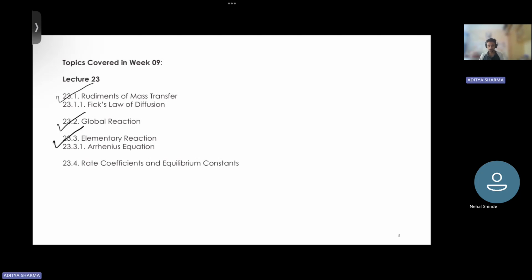In between the reactants and products, there are intermediate states and intermediate reactions also. So there are steps of chemical reactions that take place between your reactants and final products. These are called your elementary reactions.